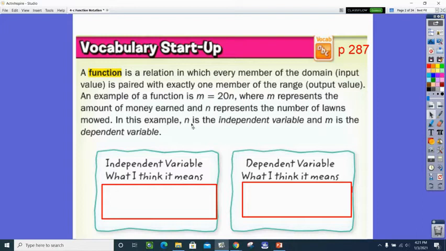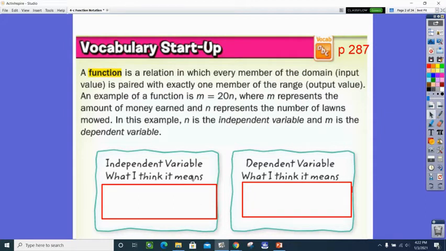So in this example, N was the independent variable, and think of that as an independent choice. You get to pick it. And then the M was the dependent variable, and think of that as the variable that's waiting for you to make that choice and waiting for the math to happen. So let's talk about what these two words mean. Now, we've heard them in science before.